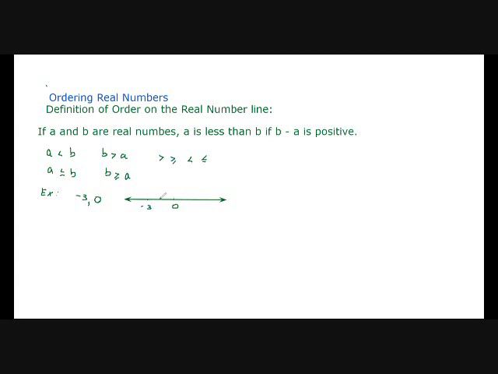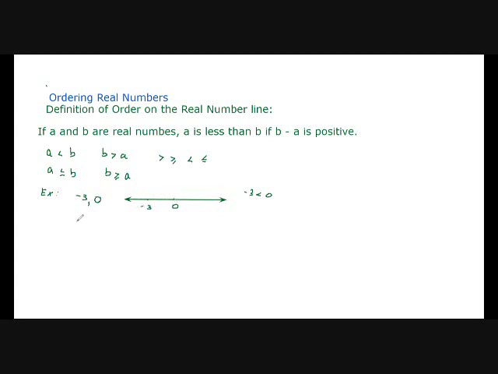So we know -3 must be less than 0. How do we know? Every number on the right-hand side is greater than the numbers on the left-hand side. 0 is on the right-hand side, so the value of 0 is greater. So we have -3 less than 0.